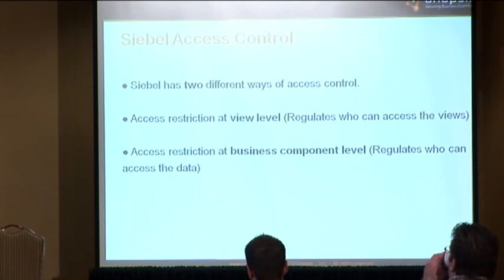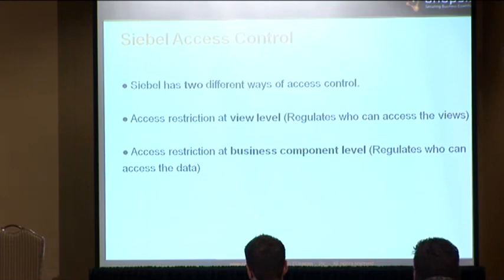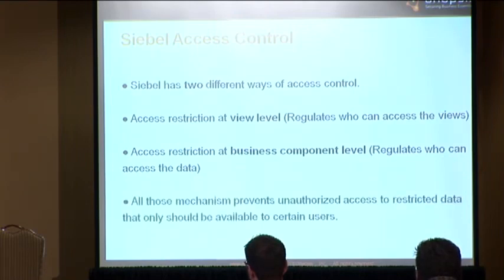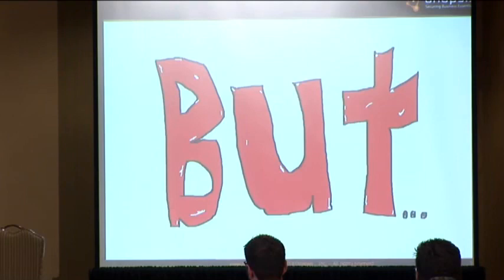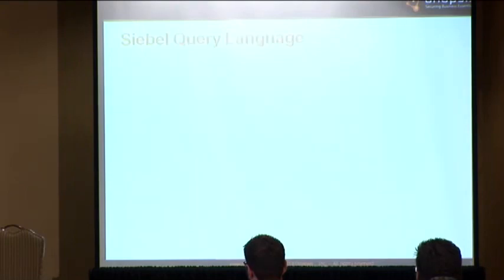From this layer, you can restrict who is going to access that particular data. All the business components have fields, and all those fields are mapped to a row in the database. Why are those mechanisms in place? They are there to prevent unauthorized access to data and to allow access to certain users that really need to access that data.